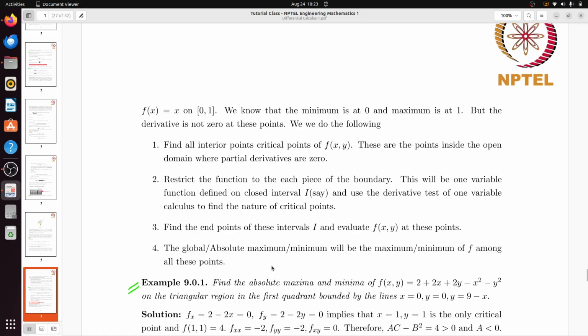Now f11, उसका नेचर निकालो. It is maximum.